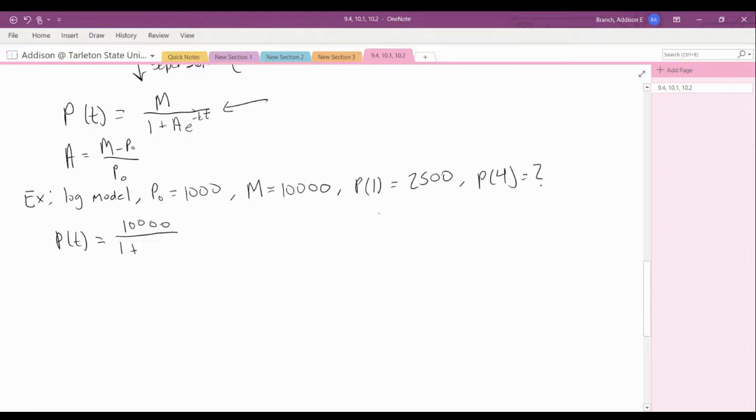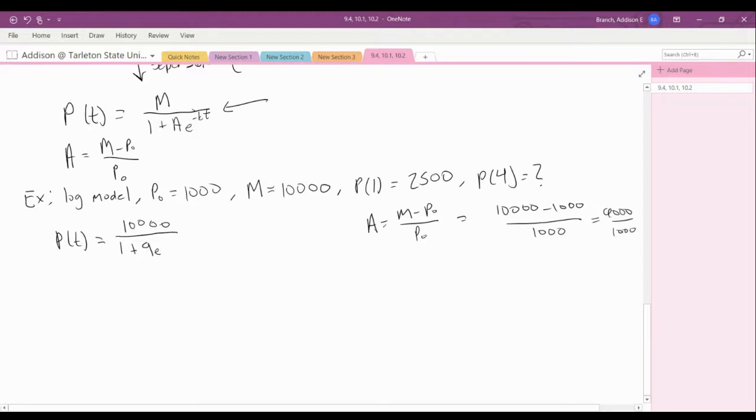So we know that if a is equal to m minus po over po, this is going to be 10,000 minus 1,000 over 1,000. We get 9,000 over 1,000, so therefore a is just 9.